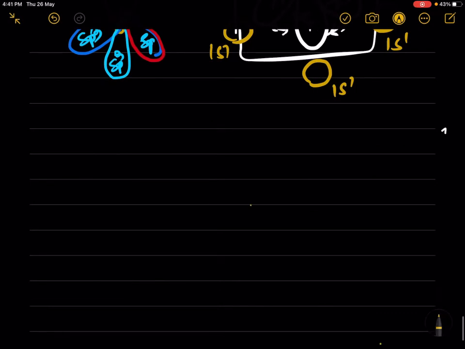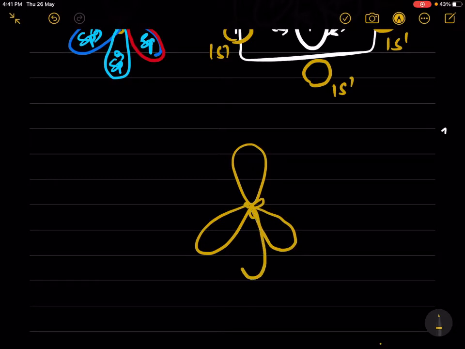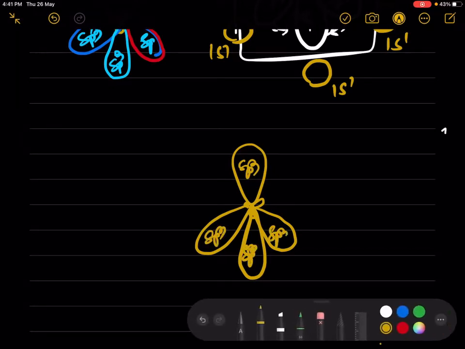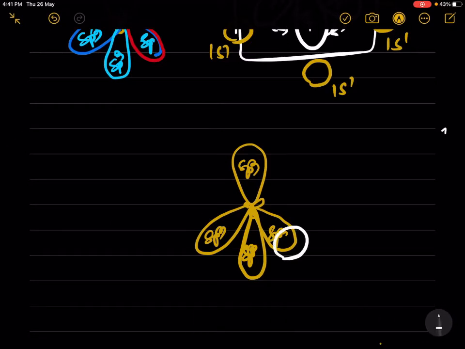You see, this is one sp3, this is another sp3, this is another sp3, sp3, sp3, sp3, and so this is carbon.